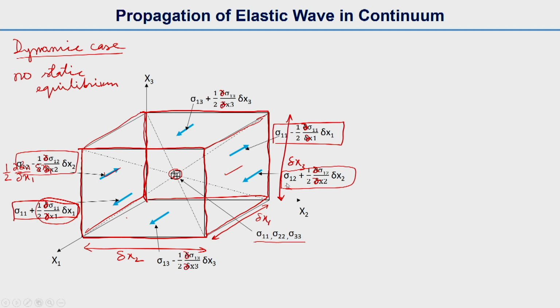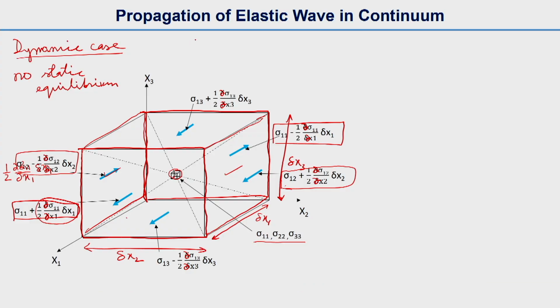So now, because we are talking about a condition that has no static equilibrium, we will use Newton's second law. So basically, to get the elastic wave equation, we want to use the equation of conservation of momentum.